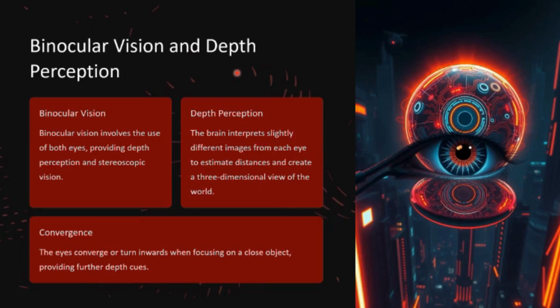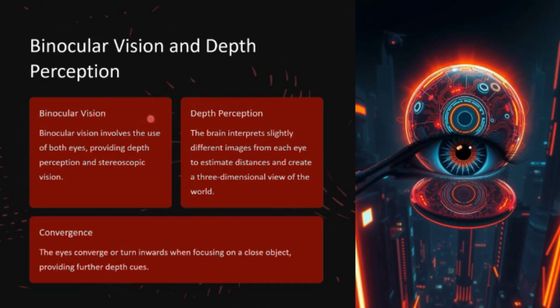Depth perception is the brain's ability to perceive the distance and three-dimensional structure of objects. It relies on binocular disparity, the slight difference in the image between the two eyes, and other cues like perspective, relative size, and motion. So this intricate system allows for the perception of depth, motion, and color, forming the basis of our visual experience.